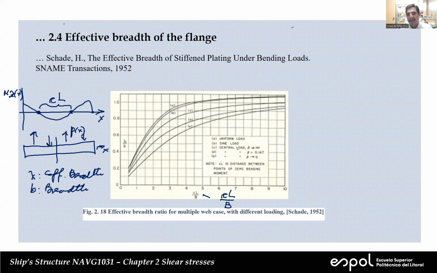Remember, when you have a central load, you have a very extreme situation because you have to apply a delta Dirac, and that means that things change radically at the point of application. So that's a very special case.